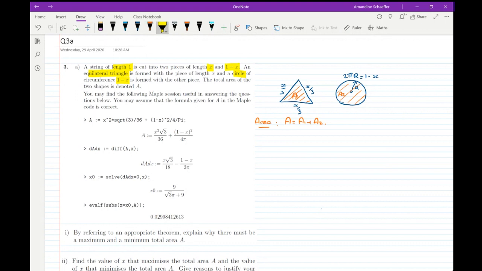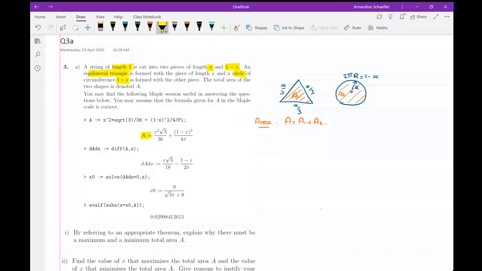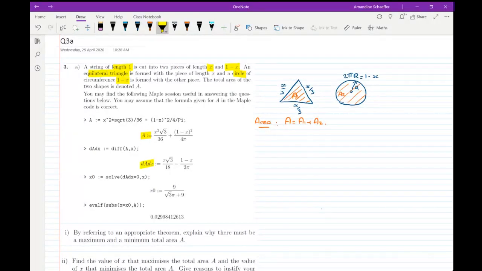So we have something for A. This is going to be useful to check your answer. That's probably going to be what you find for the area. Then the derivative dA/dx, then x0 for which dA/dx equals 0, and A of x0.